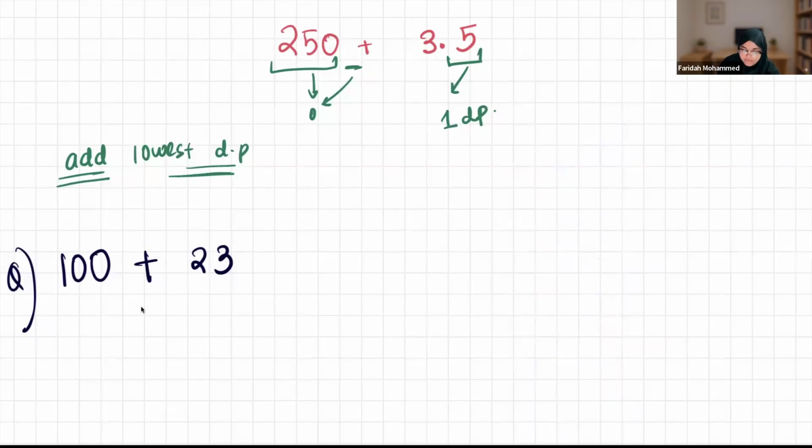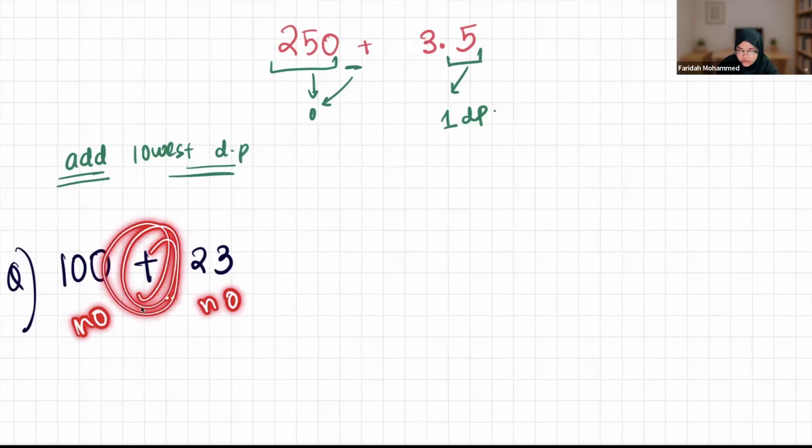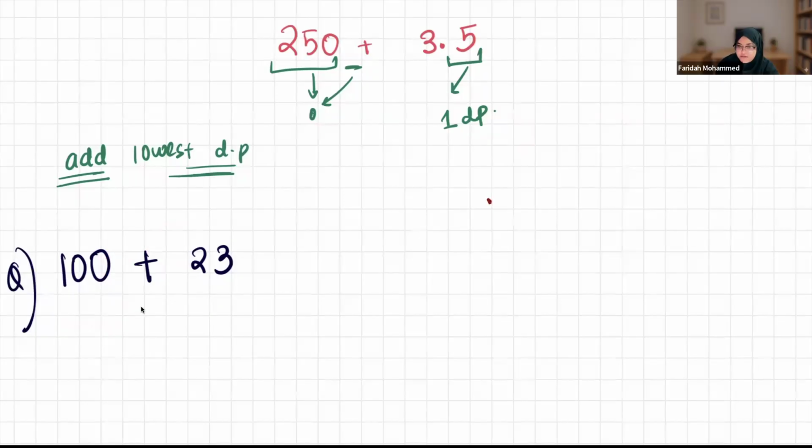Both of them have no decimal place, right? No decimal. Addition means we look at the decimal place, no decimal place, because your answer should have no decimal place. Look at this, Action. You want to do it like this. Okay, Action, help me here. What do we do now?